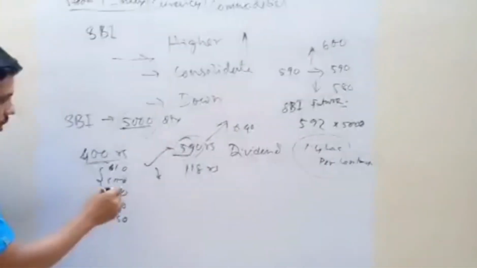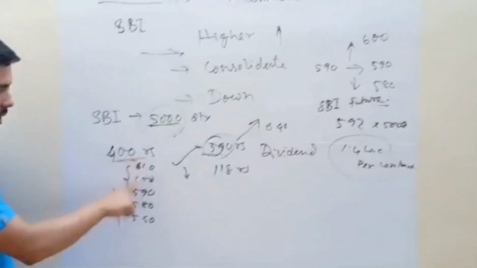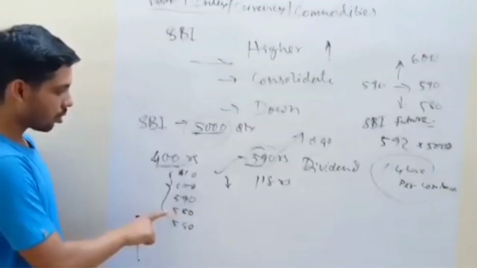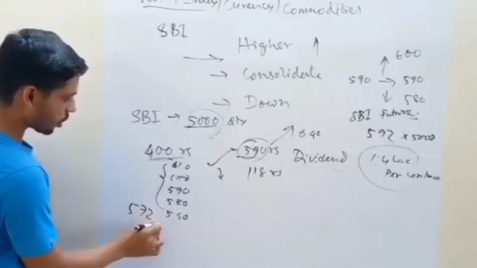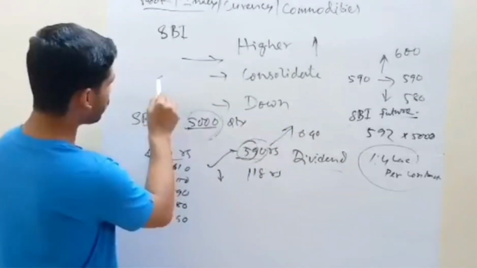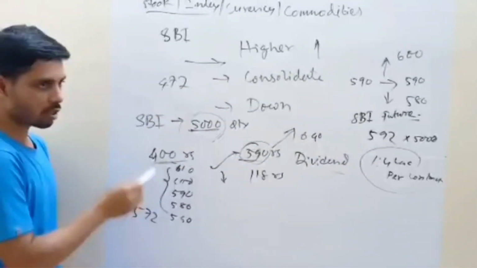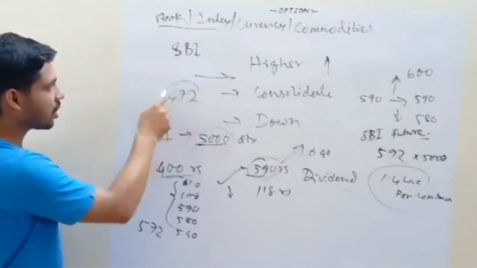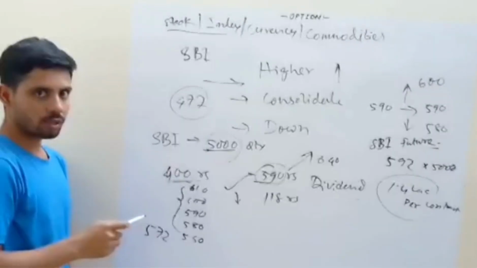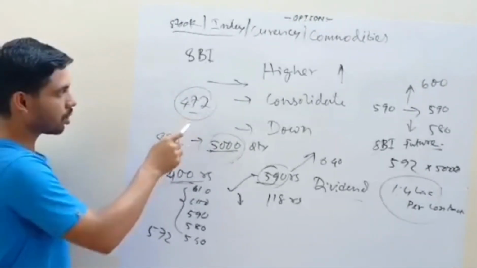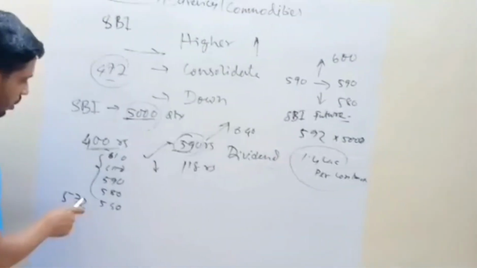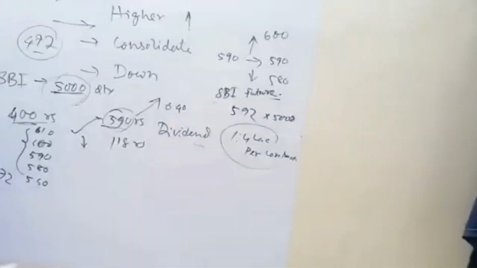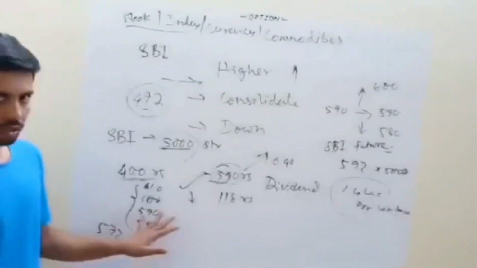For example, you can't say that you are expecting 472 and want to take that, because that price may not be offered by the buyer or seller. So you have to create the contract as per the predefined price, and that price is called the strike price.